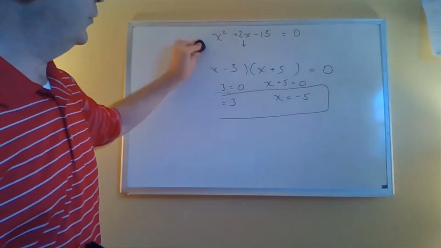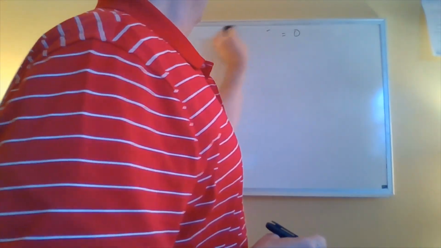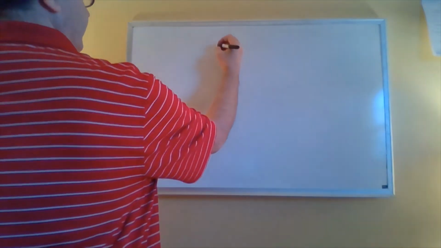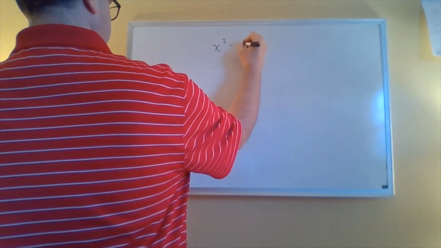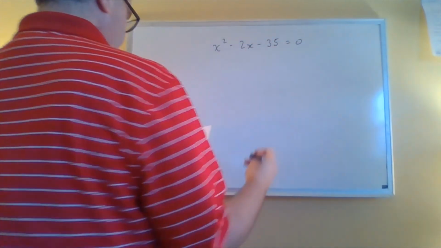Let's try one more example here. Let's try x squared minus 2x minus 35 equals 0.